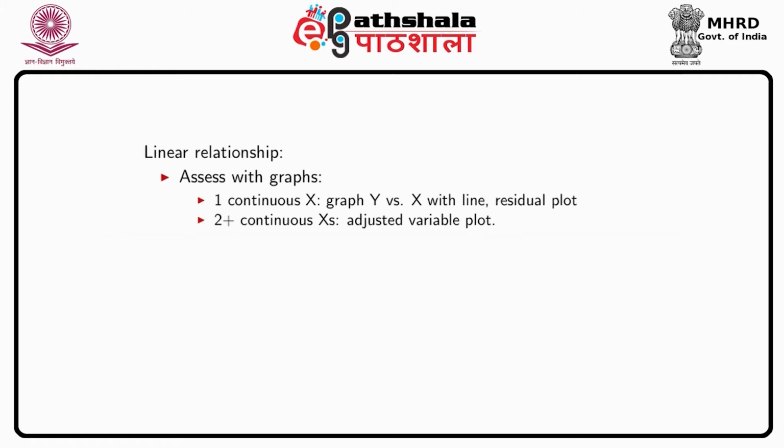In case we have two or more than two x variables in the regression model, in other words, if we have a multivariate regression setup, then we look at the adjusted variable plots. What happens in an adjusted variable plot is that we regress y on the x's, leaving out xi. We then regress xi on the remaining x's, and we get the residuals from both these regressions.